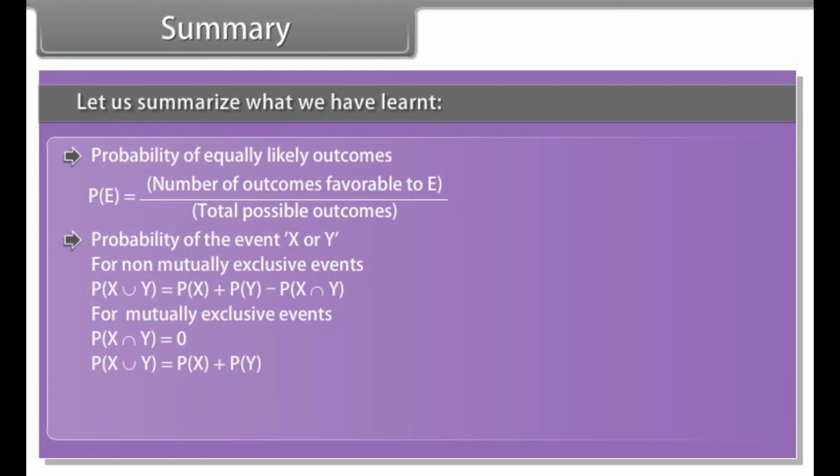For mutually exclusive events, P(X intersection Y) is equal to 0, and P(X union Y) is equal to P(X) plus P(Y). Probability of the event not X. P(X dash) is equal to P(not X) is equal to 1 minus P(X).